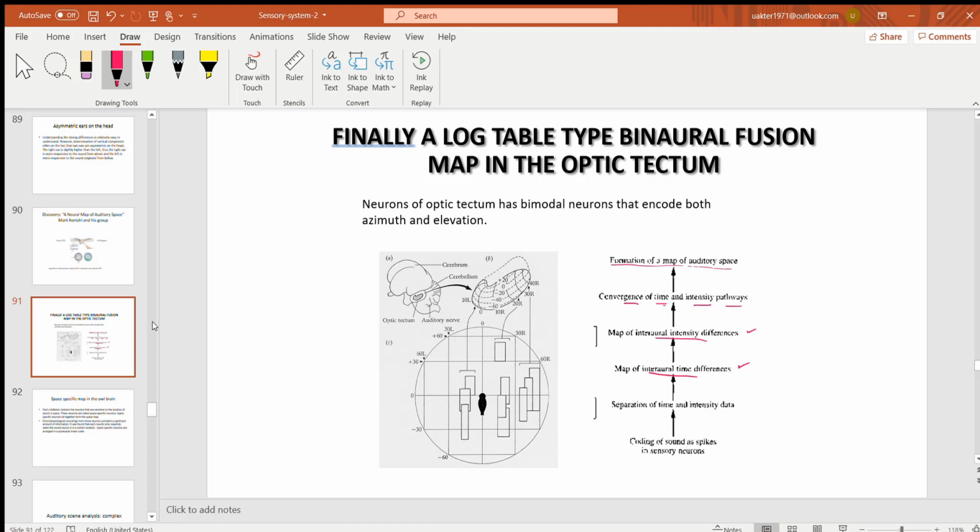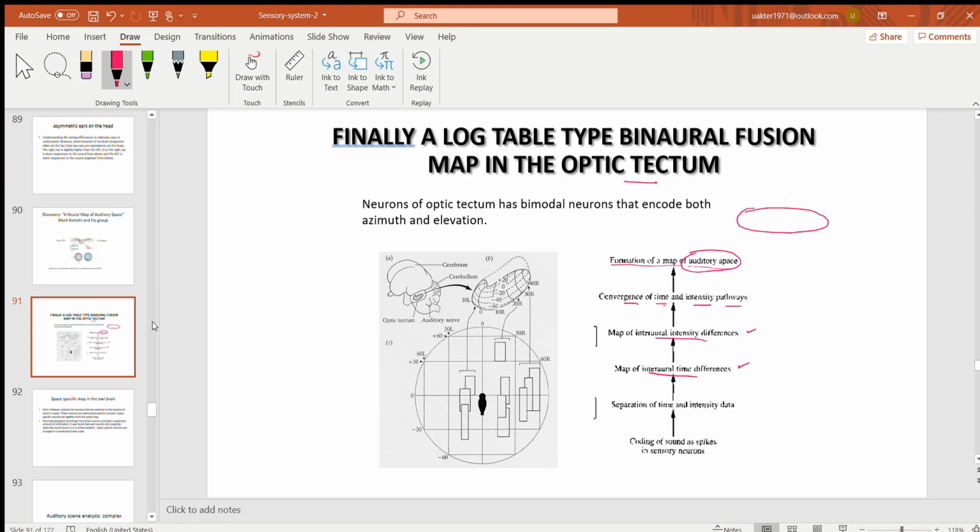They specifically tell the exact location, how many degrees in azimuth and how many degrees in elevation. So those neurons are definitely bimodal neurons, and they can immediately tell the exact location. This auditory space map is located in the area which is called the optic tectum.